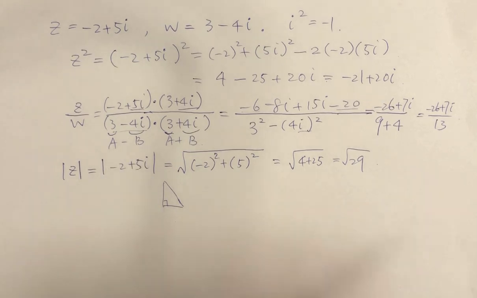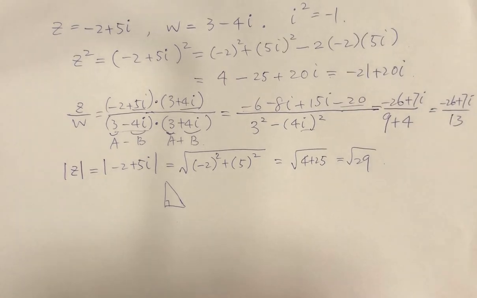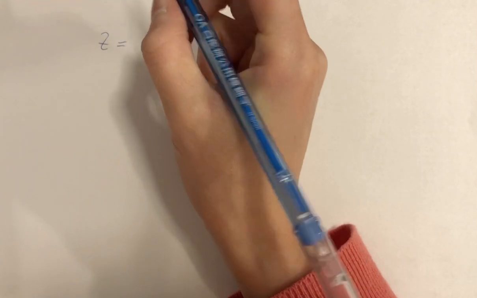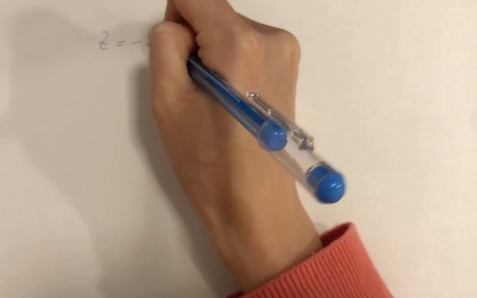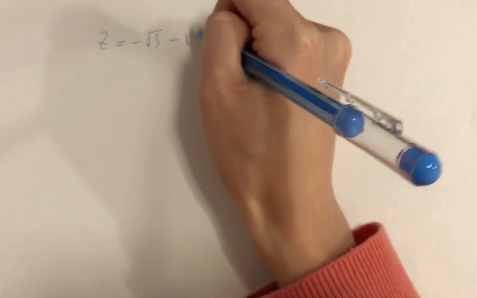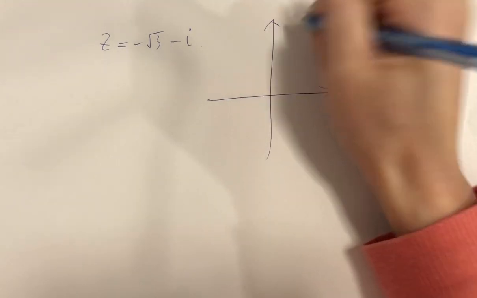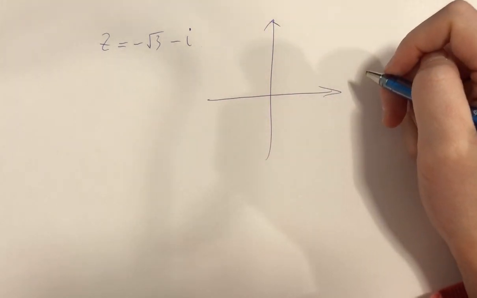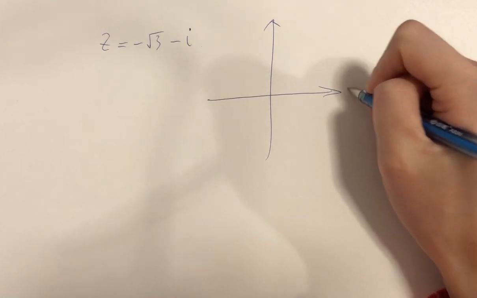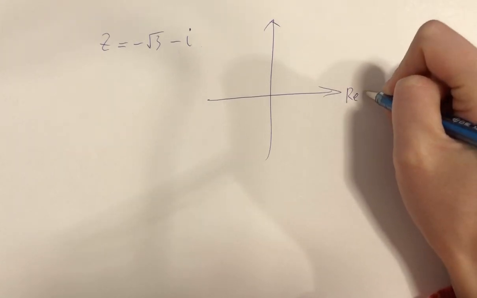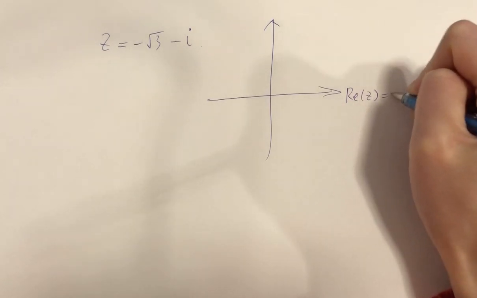Another thing we can do is plot a complex number in the complex plane. For example, if I want to plot z equals negative square root of 3 minus i, how do I plot that in the complex plane? This is going to be the real part of z, which we call maybe x.